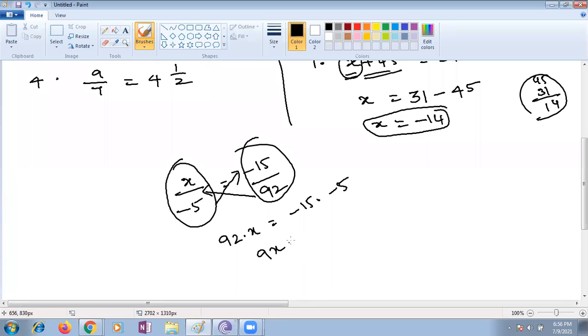So 92x is equal to, minus into minus becomes plus, 15 fives are 75. I want only the x value, so I should remove this 92. What should I do, children? I have to divide by 92, so the x value is 75 by 92. Understood? Okay, ma'am.